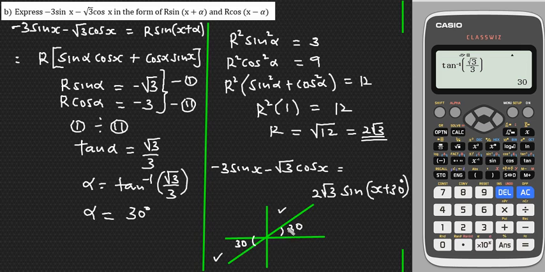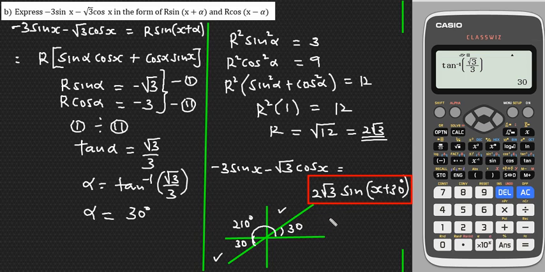So we can either have 30 as our alpha, we can also have 180 plus 30, which gives us 210 degrees. So that can also be a solution if we do not take alpha to be acute. Questions at times can tell you that alpha is acute.